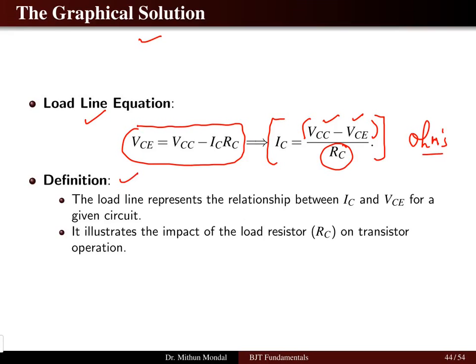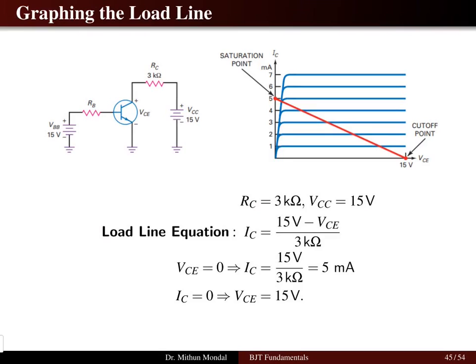The definition of the load line is that it represents the relationship between the collector current and collector to emitter voltage for a given circuit, and hence it illustrates the impact of the load resistor RC on the transistor operation.